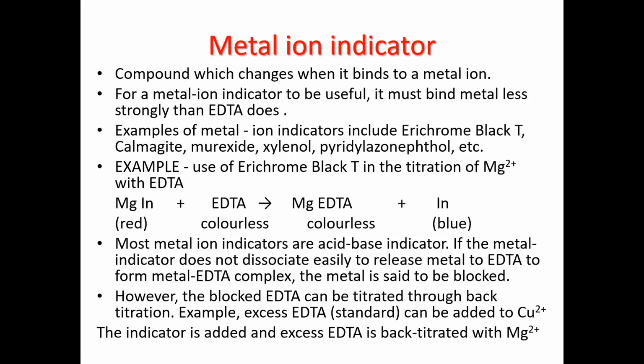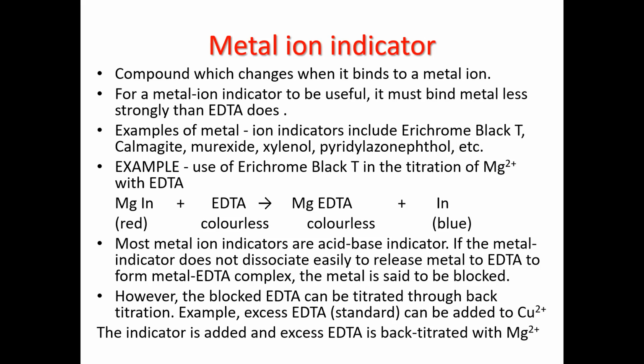These are compounds that will change whenever they bind to a metal ion. For a metal ion indicator to be useful, it must bind less strongly to the metal than the EDTA does, meaning that at the start of the reaction, your indicator is added to your solution that contains the metal ion, and the indicator will bind to the metal ion. But at the end of the day, remember that it's your EDTA, your ligand, that should bind to the metal.